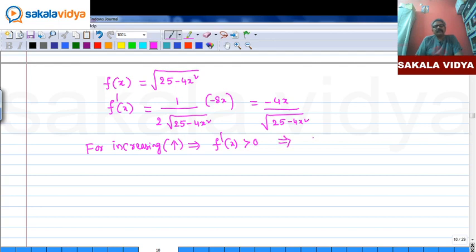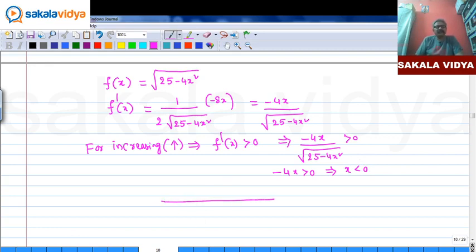That means minus 4x by root of 25 minus 4x square should be greater than 0. This cannot be 0. So minus 4x is greater than 0, multiply with minus 1 by 4, x will be less than 0.